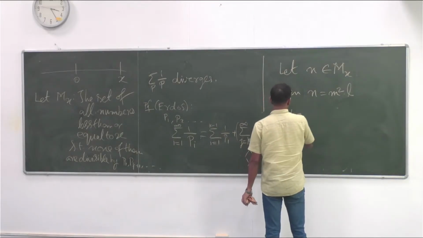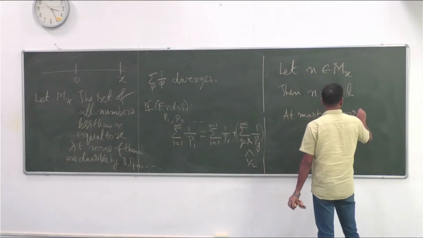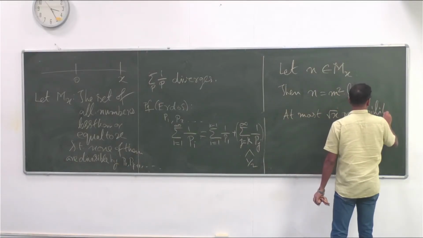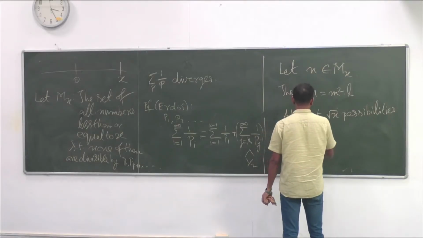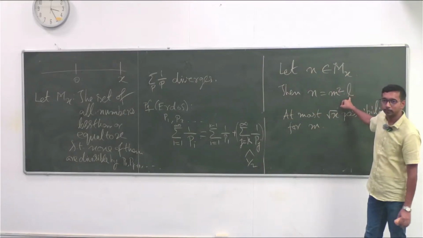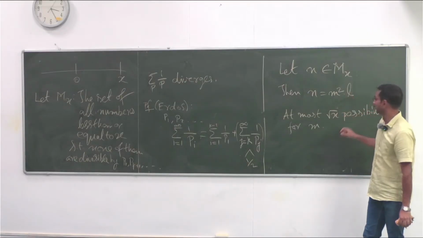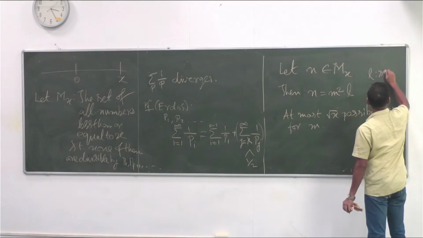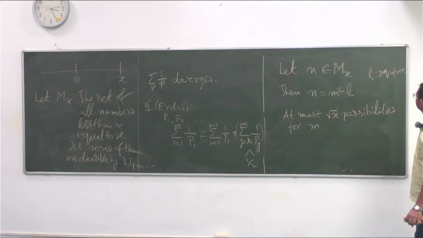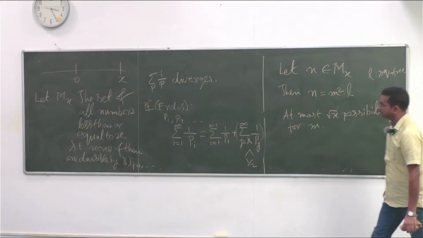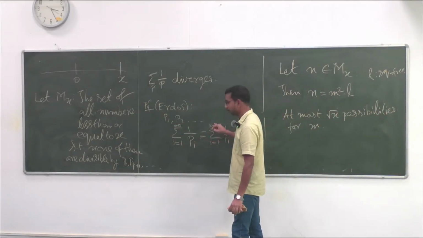At most root x possibilities for m. And how many possibilities for l? Well, l is square free, and all the divisors of l come from the first k minus 1 primes.